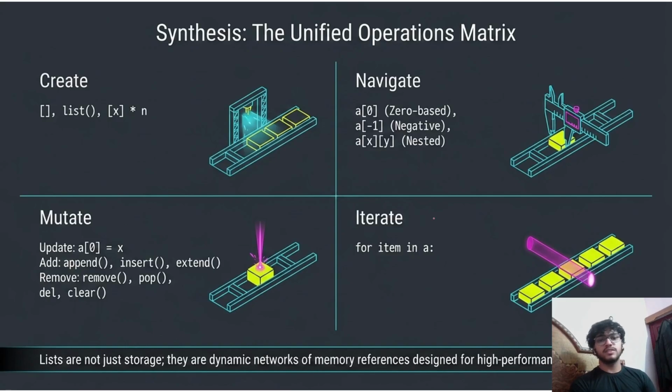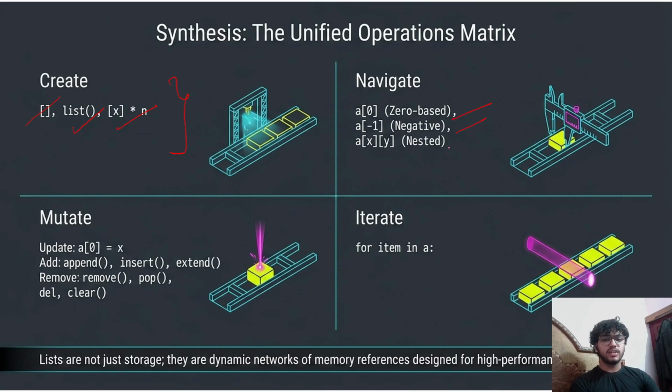Now next is operations. This is just like a summary for everything. How do we create a list? These are three methods we learned: using square brackets, the list function, and the multiplication operator. How do we navigate?